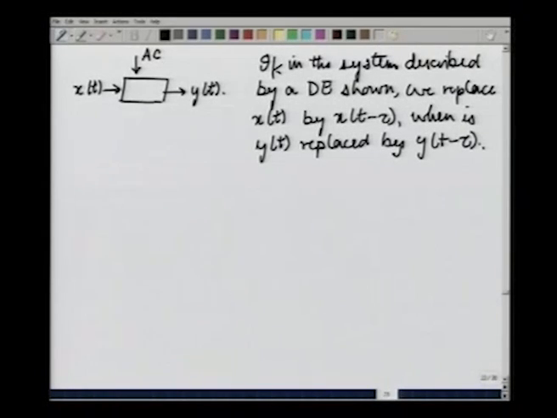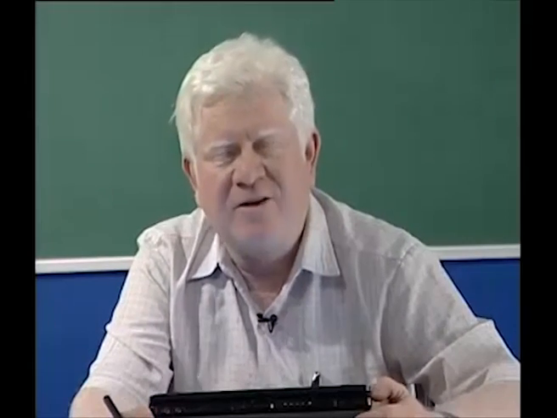It would have been so nice if we did not have this problem of auxiliary conditions. If there had been no auxiliary conditions to bother about, then clearly x(t minus tau) would have simply yielded y(t minus tau). But there are auxiliary conditions, always there are auxiliary conditions, except for the case of a 0th order system, which is too trivial to interest us.